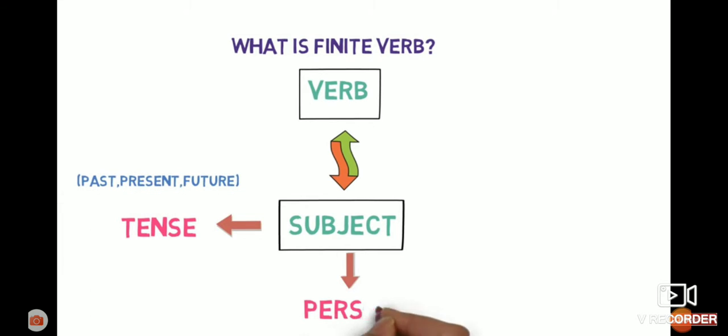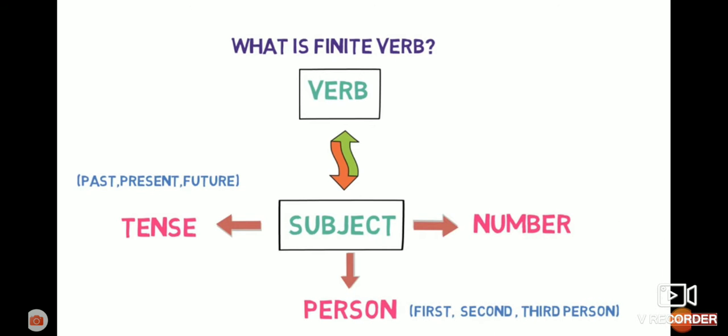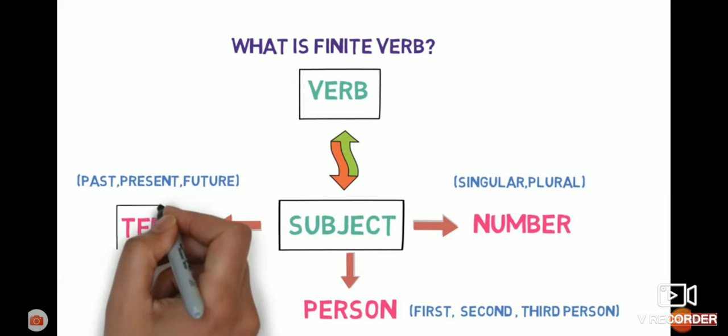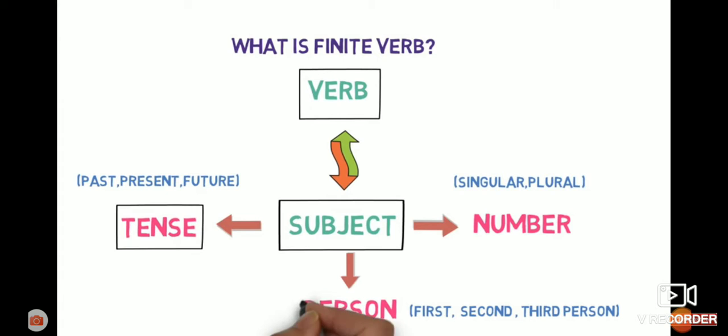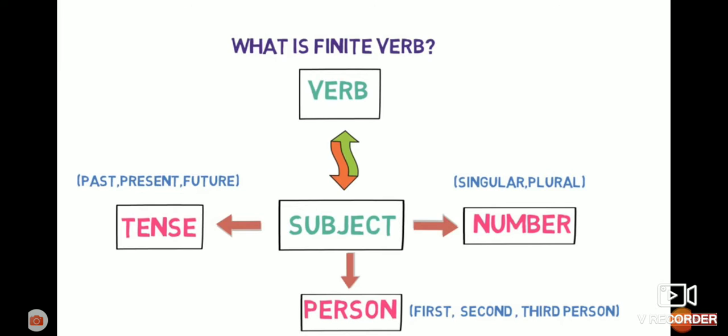Second, person, that is, the subject is first person, second person, or third person. And third is the number, that is, the subject is singular or plural. So, a finite verb will change as per the tense of the sentence, as per the person, and as per the number of the subject. Now let's understand each of these parameters with the help of an example.